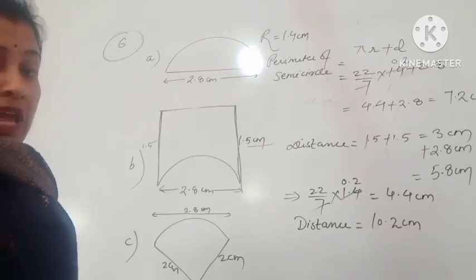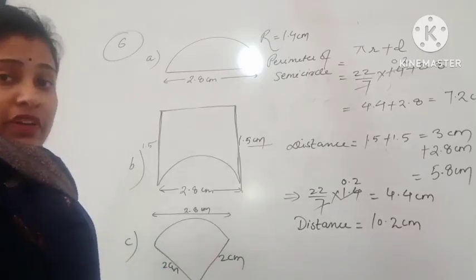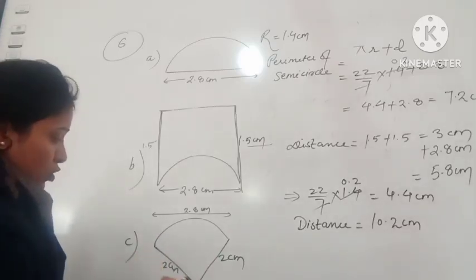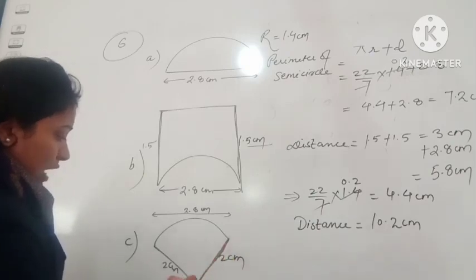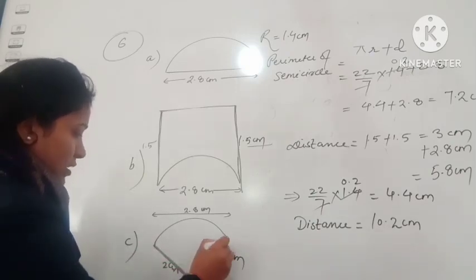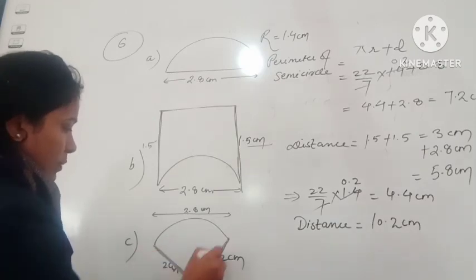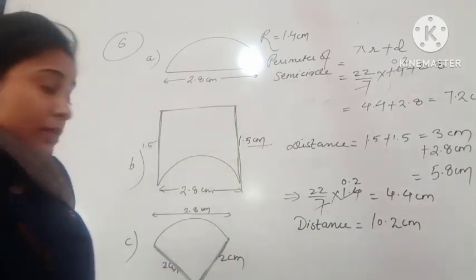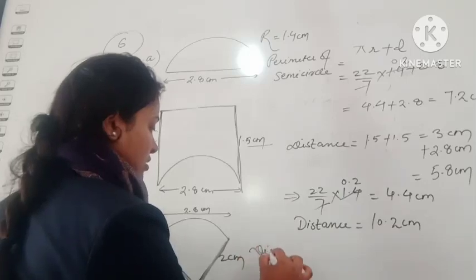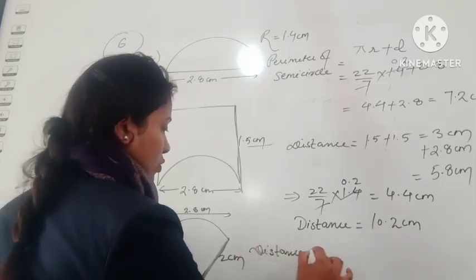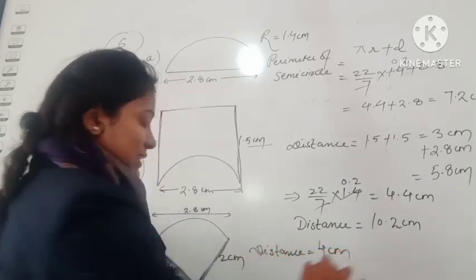Now let us go to the third figure. Can you see these two lines? The ant will go through these two lines. Each line measures 2 centimeters. So the total distance travelled by the ant while covering these two lines will be 4 centimeter.